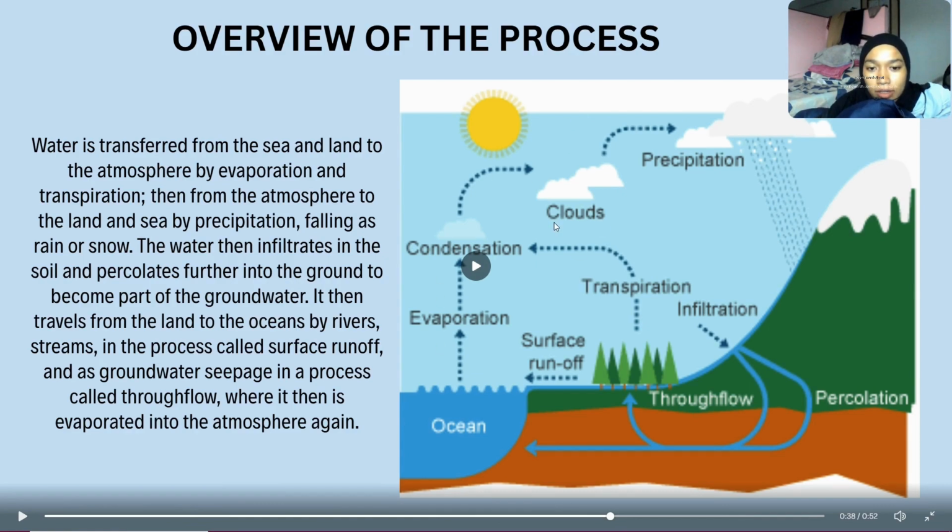As you can see in the picture, water is transferred from the sea or the land to the atmosphere by evaporation and transpiration, and then from the atmosphere to the land and sea by precipitation, which will fall as rainwater or snow, and then the water will infiltrate the soil and percolate further into the ground to become groundwater.